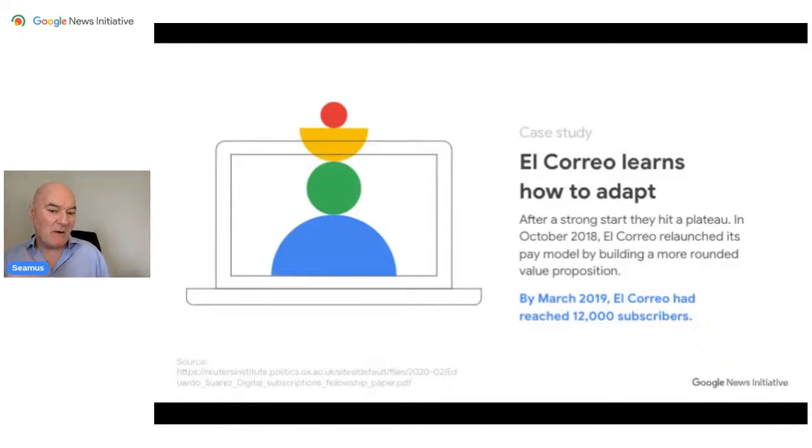So in 2018, El Correo relaunched its pay model, building what they called a more rounded value proposition. And by March 2019, they reached 12,000 subscribers. So from that initial 4,500 going up to 12,000, that has to be proof that something was being done well.